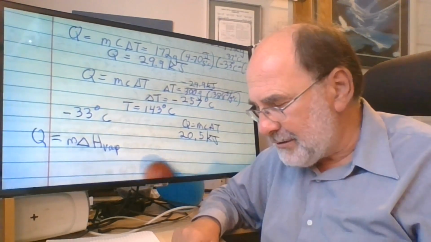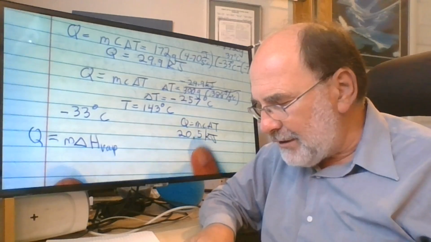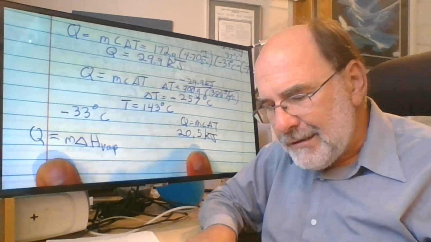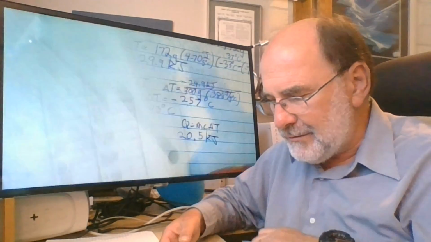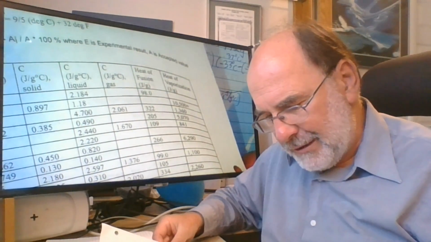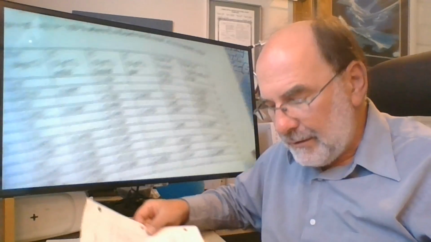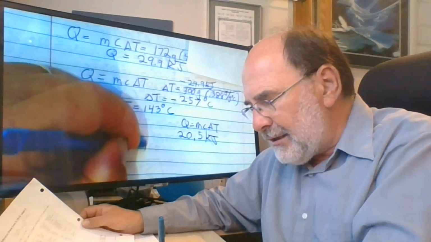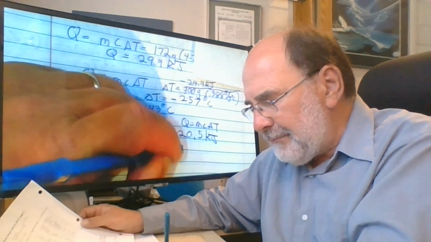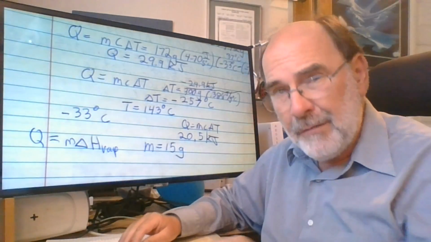I just wrote Q equals this. So using this value for Q, dividing it by the heat of vaporization for liquid ammonia, which is 1,360. Aha, okay. It says I can only vaporize 15 grams of ammonia.